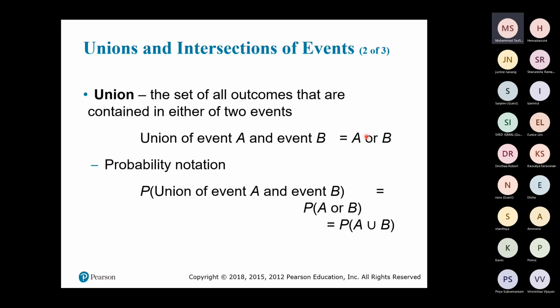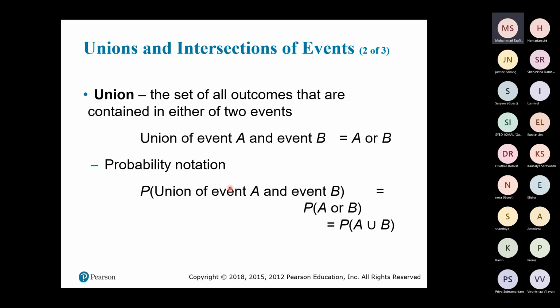A or B, or you can also use this symbol of union, ∪. So you can write A ∪ B, and people will understand. It means that you want to know the probability of event A or event B will happen.